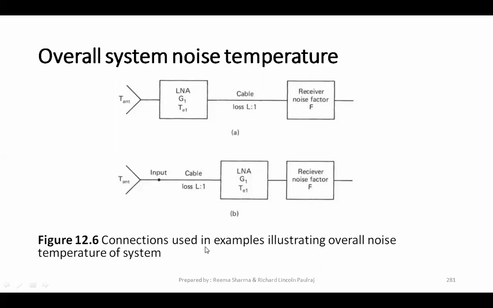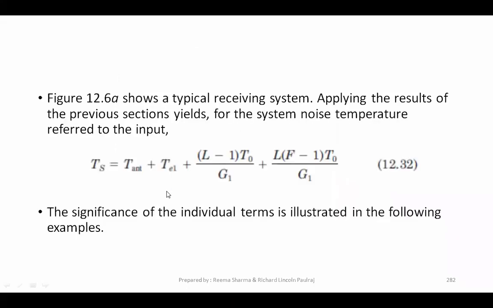Connections are used in examples illustrating the overall noise temperature of a system. Here I give my input cable loss. The LNA can be moved a little towards the receiver so as to reduce this cable loss and increase the cable on the left hand side. The figure shows a typical receiving system applying results of previous sections.